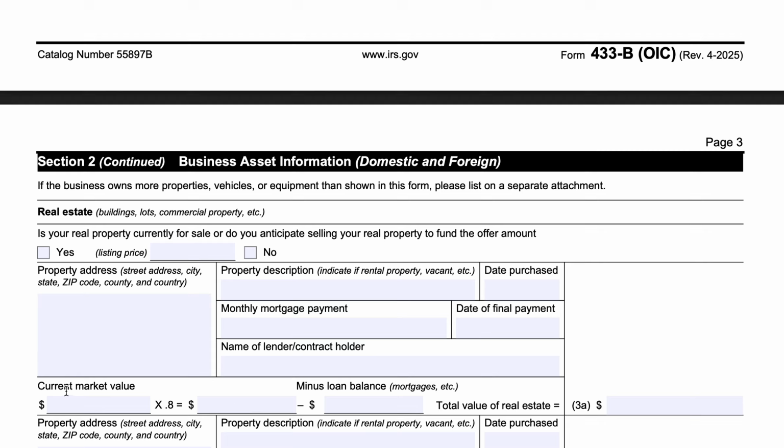But when it comes to, say, a piece of real estate, the true market value is only defined once you put it up for sale and someone decides to buy it from you. That's the true market value at that time. Everything else is an estimate. So you can find a trusted real estate agent that would present a market value.